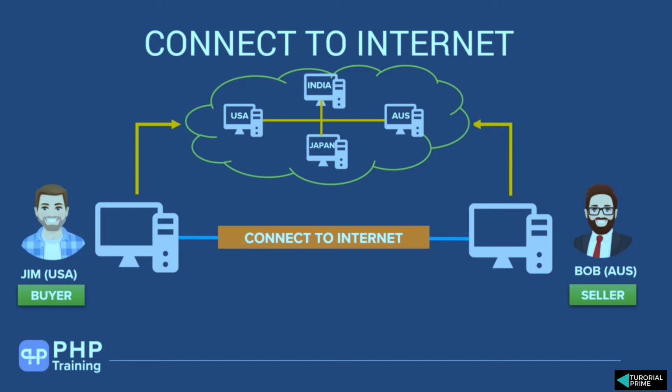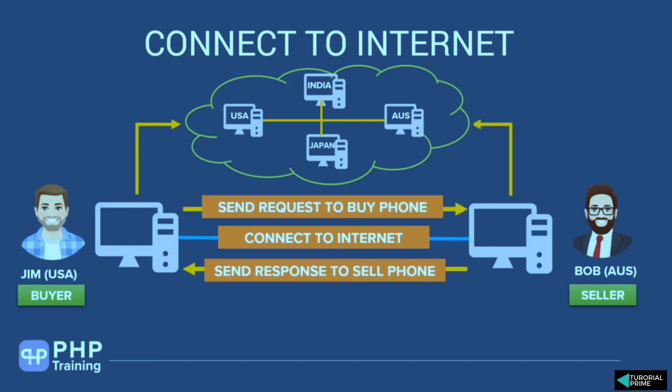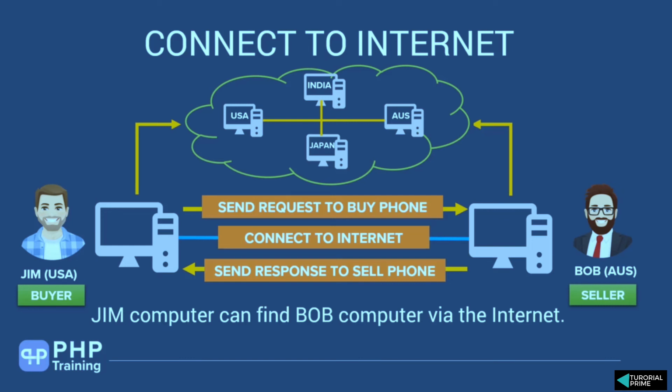They can be connected, and you can send information between the two systems via the same protocol, that is the TCP/IP protocol. That's how the internet can solve the problem of distance. So once Jim can find Bob's computer via the internet, Jim can send a request to buy a phone and Bob can send a request to sell the phone.